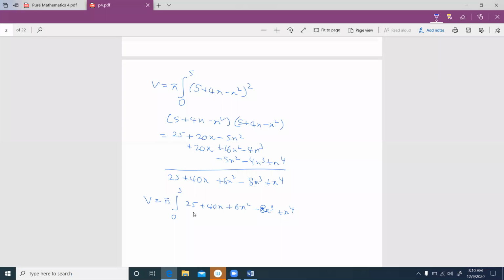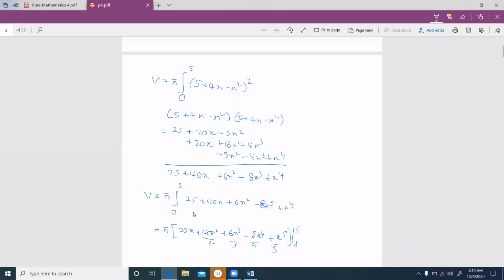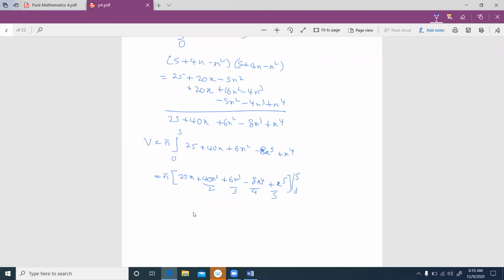So with that, if you do it over here, it's pi times 25x plus 40x squared over 2 plus 6x cubed over 3 minus 8x to the power 4 over 4 plus x to the power 5 over 5 from 0 to 5. Then substitute 0 at the lowest limit and 5 at the upper limit, then you can get the final answer for that. That's a way of doing this finite integration.